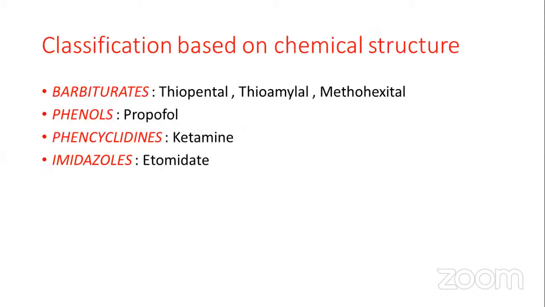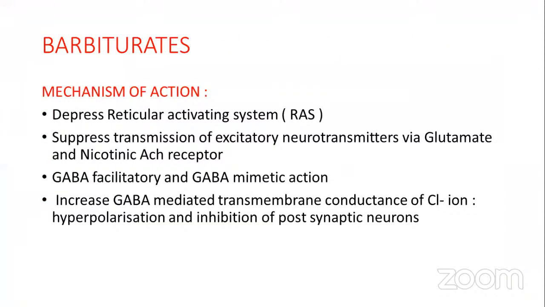This is the classification of induction drugs based on chemical structure. Barbiturates: thiopentone, thiamylal, methohexitone. Phenol group: propofol. Phencyclidine group: ketamine. Imidazole group: etomidate and midazolam. Coming to barbiturates, the mechanism of action is that it increases GABA-mediated transmembrane conductance of chloride ion, which causes hyperpolarization and inhibition of postsynaptic neurons, which is GABA mimetic and GABA facilitatory.